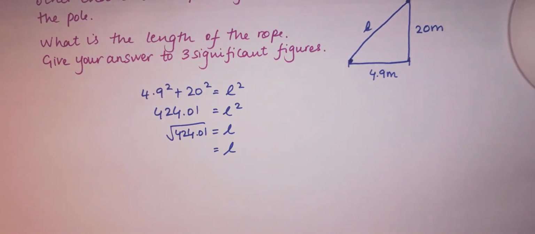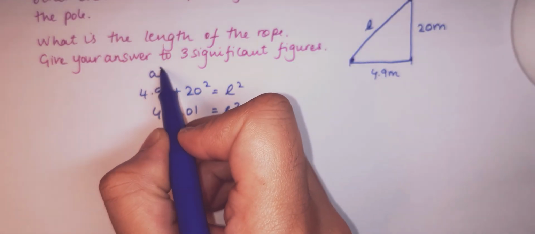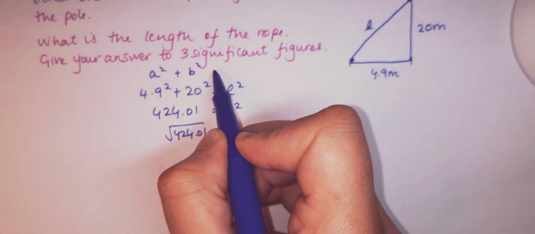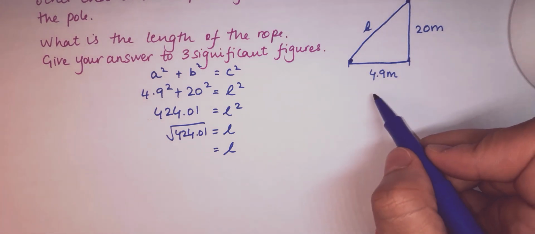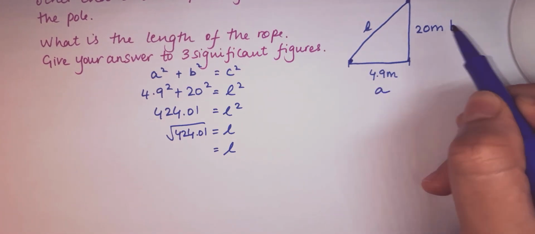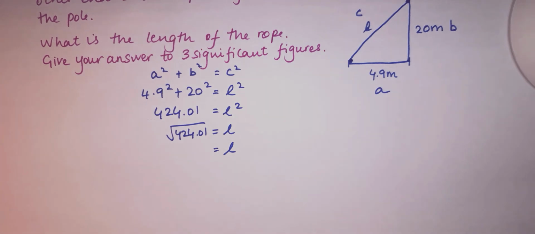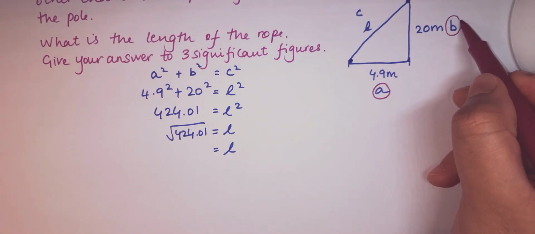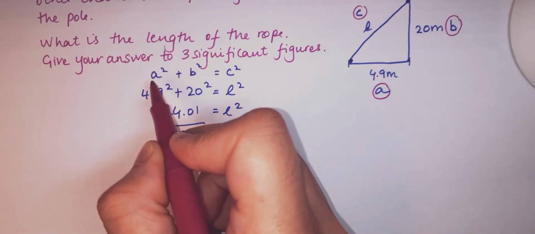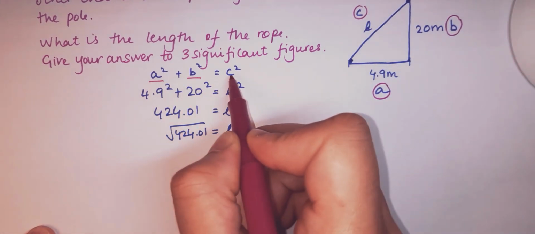So all we have to do is substitute these values into the formula, a squared plus b squared equals c squared, and remember we have to label a, b and c. Let me just circle that in a different color so you can see clearly. Underline these.